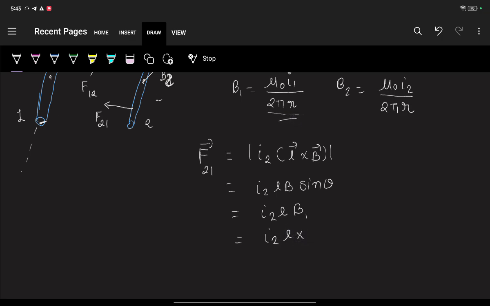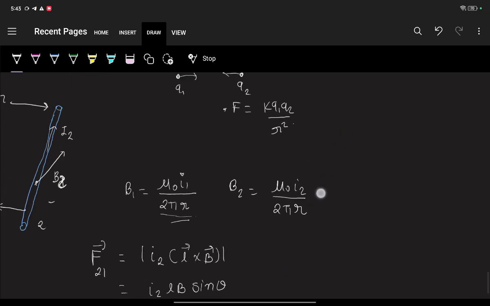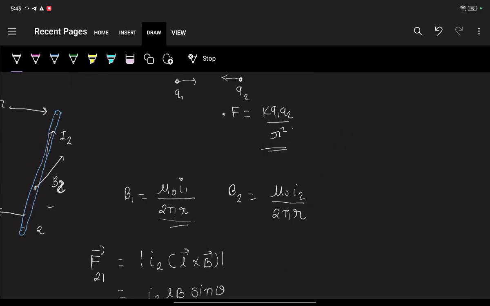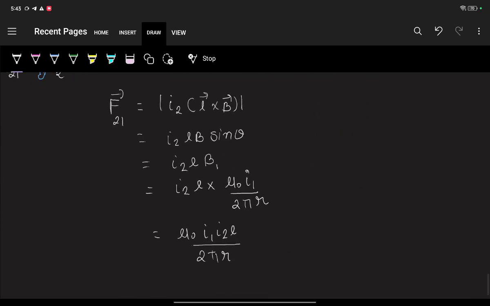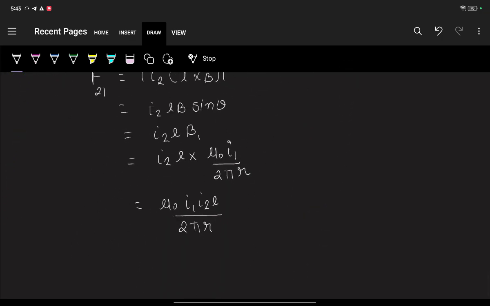It is mu naught I1 upon 2 pi R. So the force can be given as mu naught I1 I2 L upon 2 pi R. Same as Coulomb force, as you can see. Here it is Q1 Q2, here it is I1 I2. Here it is constant K, here it is constant mu naught upon 2 pi.